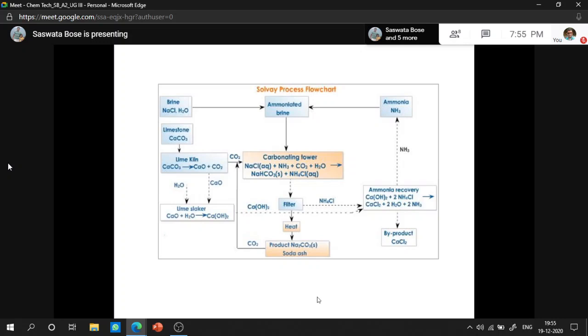The reaction: sodium bicarbonate is heated to form sodium carbonate, carbon dioxide and steam. That carbon dioxide is again fed to the carbonation tower.